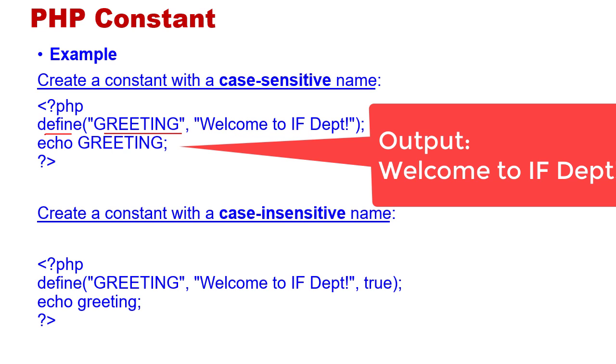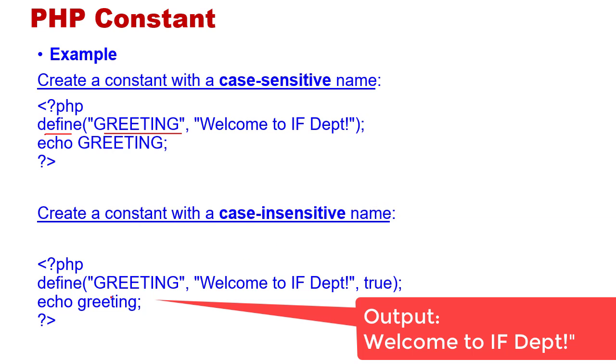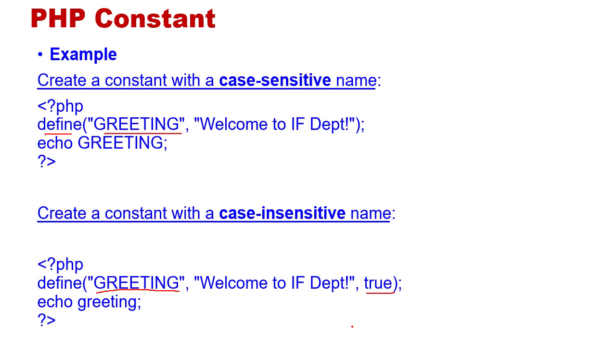If I want to create a constant with a case-insensitive name, then note that even if I declare it as GREETING in all caps, I have to set the third parameter as true, and then if I write greeting in small letters, I still get the same output, welcome to IF department. So this is how PHP constants are declared.